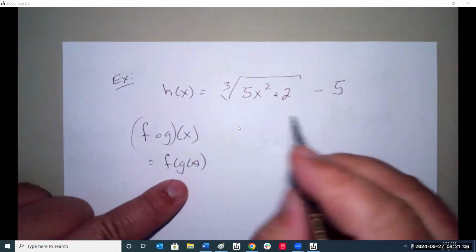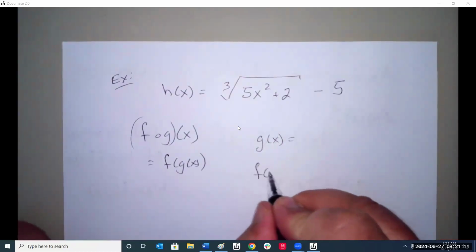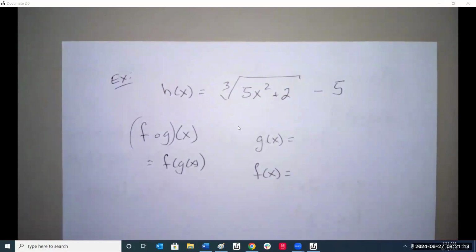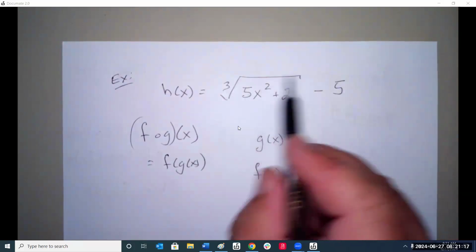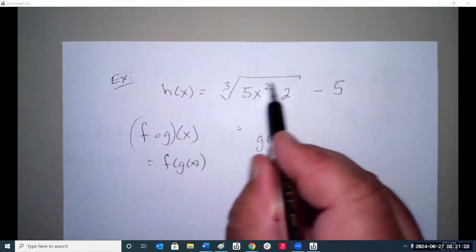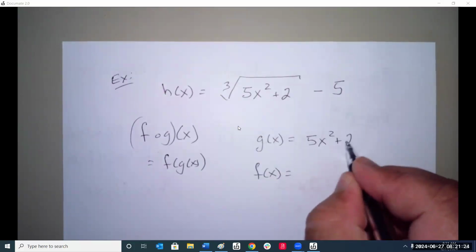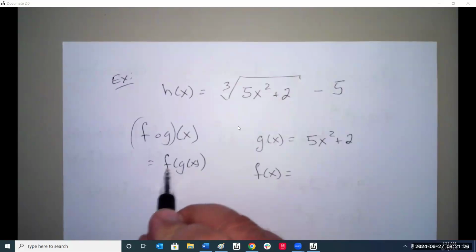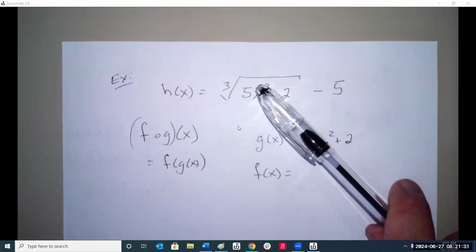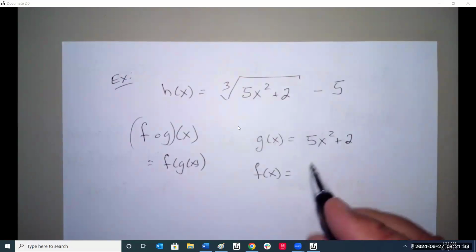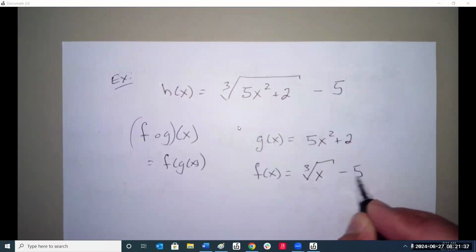So we want g of x to be the inside one, and f of x will be the outside one. So here the function is a cube root. So whatever's inside of it, that's my g of x, because it's inside the bigger one. So now, if this is my x, what does the f function look like? Cube root of x minus 5.